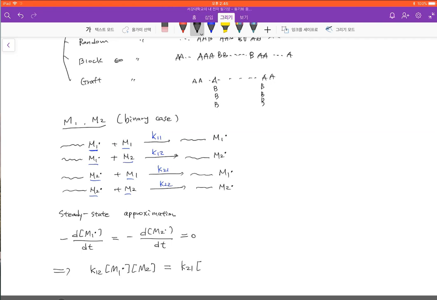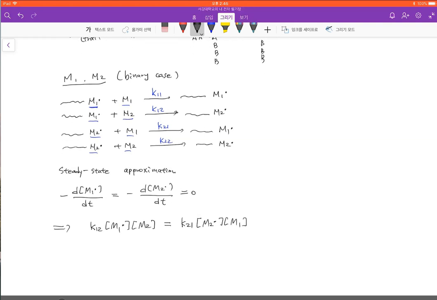Then K12 M1 radical M2 should be equal to K21 M2 radical M1, right?